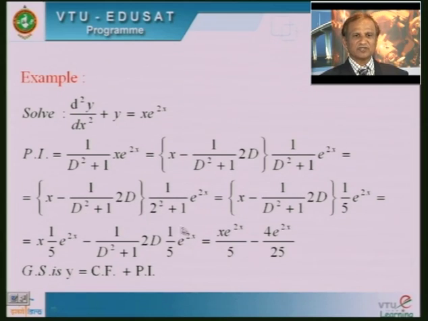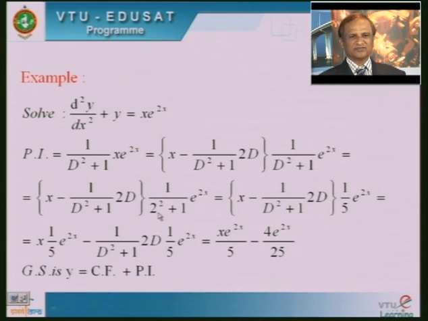According to the method, wherever D is there, I have to replace D by a, where a is the coefficient of x. That is why I have replaced D by 2: 2 square plus 1, e to the power 2x. That is equal to x as it is, 1 upon D square plus 1 into 2D as it is. Is it clear?